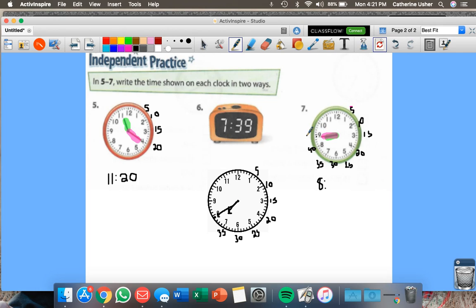So I know either way I do it, it'll land me on 44 minutes. And so I would say that the time shown on the clock is 8:44. And that is it.